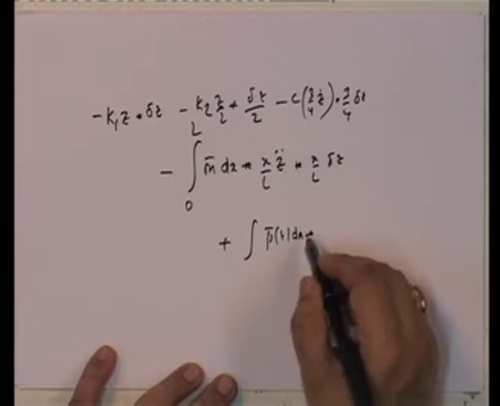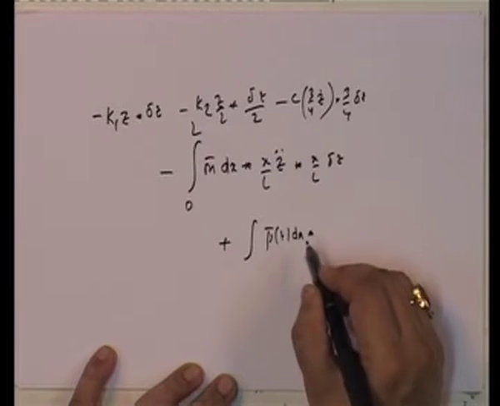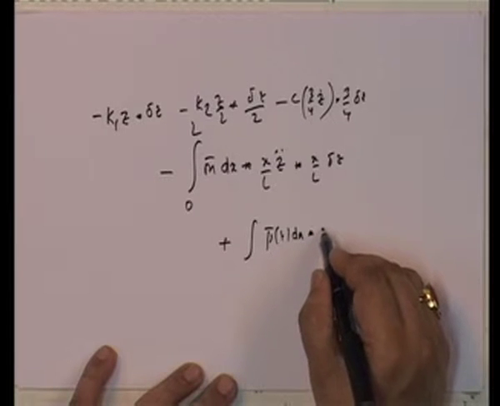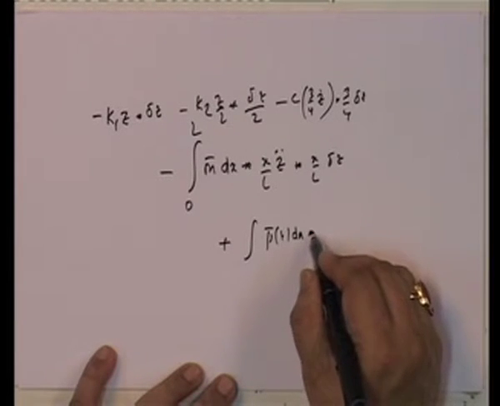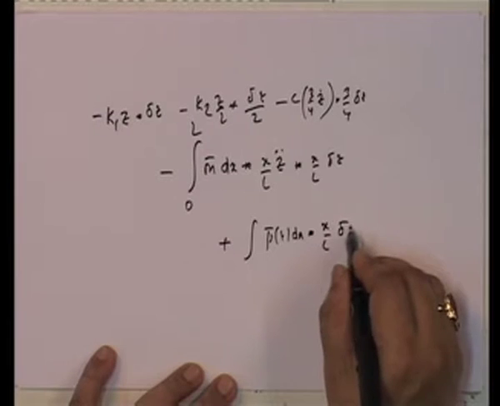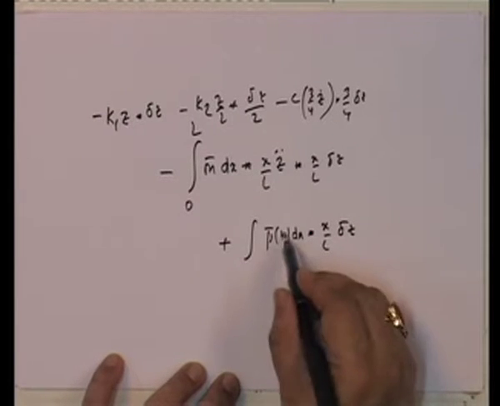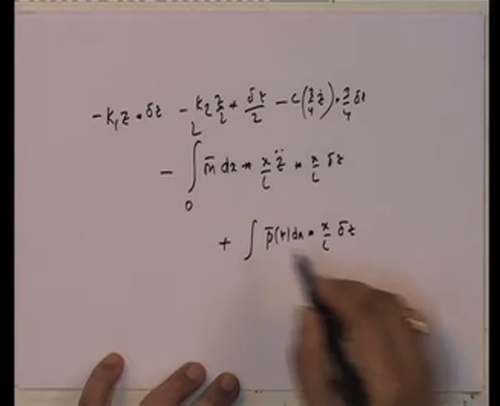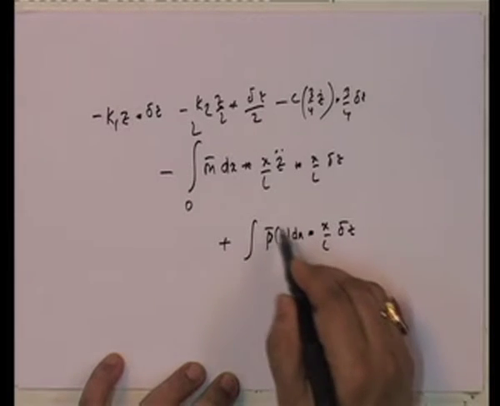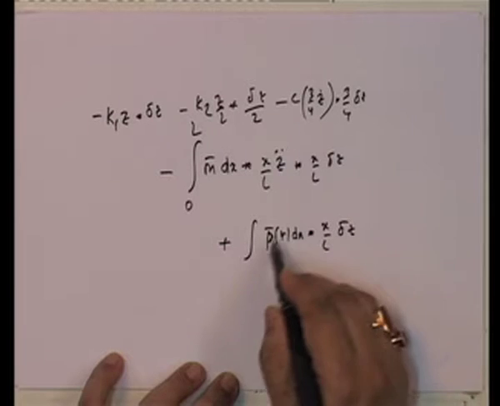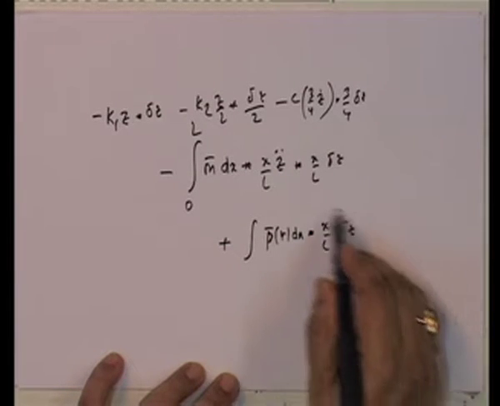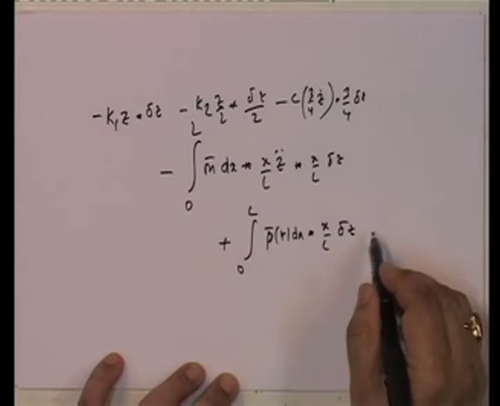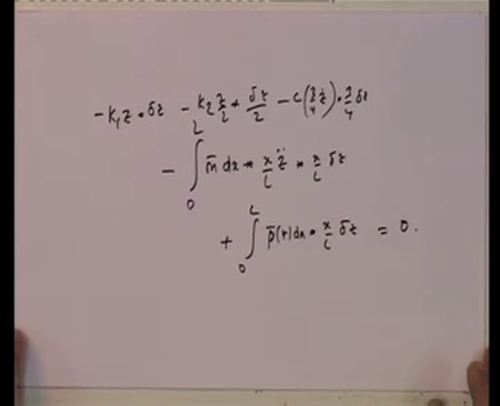Okay, that is to be multiplied by x by L del z. So that is what we have. This is the work done by the infinitesimal load. So, that has to be integrated from 0 to L, and that is equal to 0.